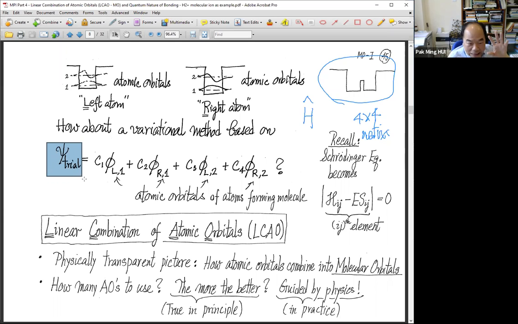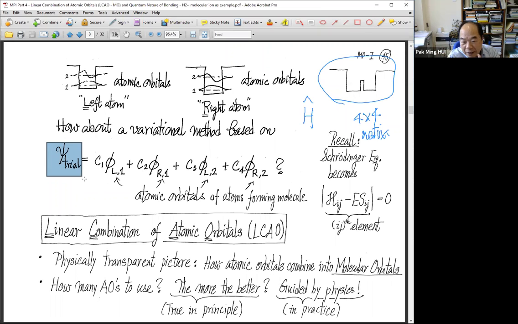This is the essence of LCAO: making reference to the atomic states of the atoms forming the molecule. Any question up to this point?